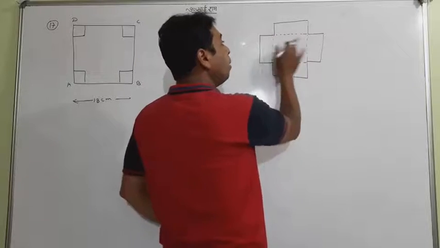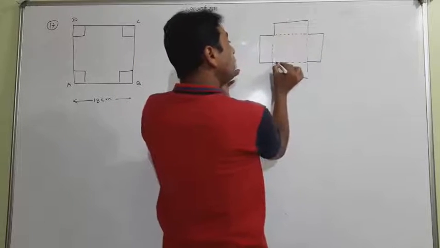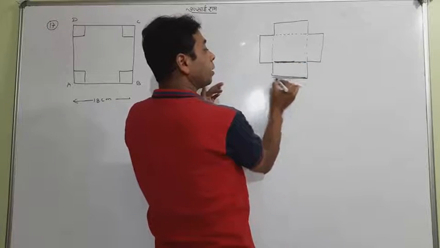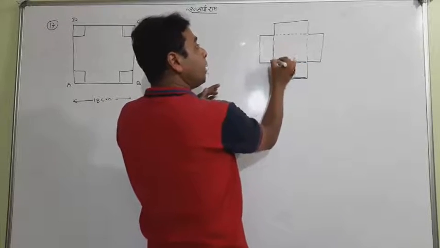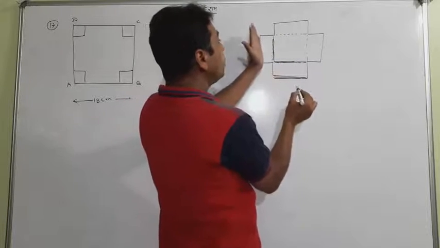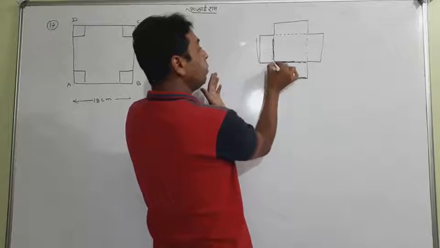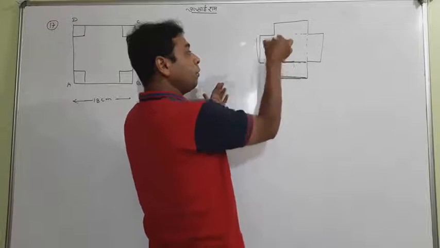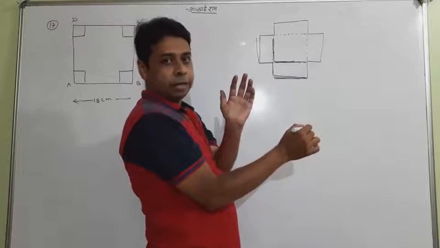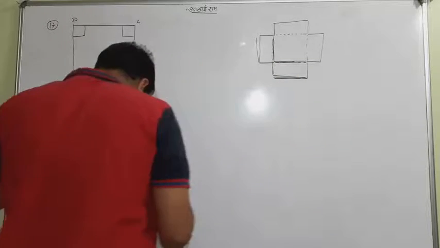When you make the box, this will be your length, this will be your breadth. And after turning, this edge will be vertical and this edge will be vertical, meaning this edge will be the height. And this is what the question says.